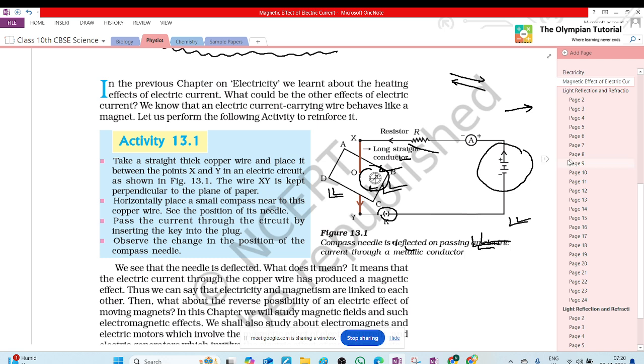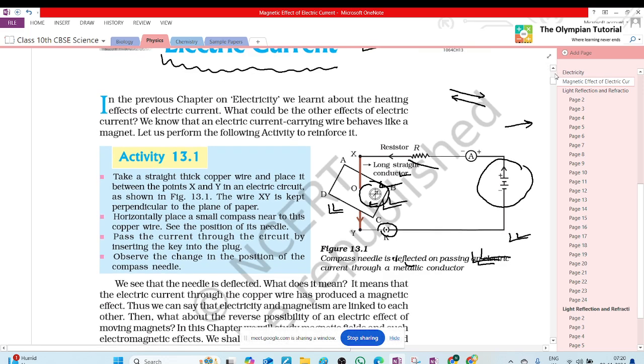Ma'am, deflection means deviation, movement from its position. So it was already pointing in the north south direction, then it gets deflected. It always stays in the north south direction. But if there is deflection, it means there is a magnetic effect in its surroundings.